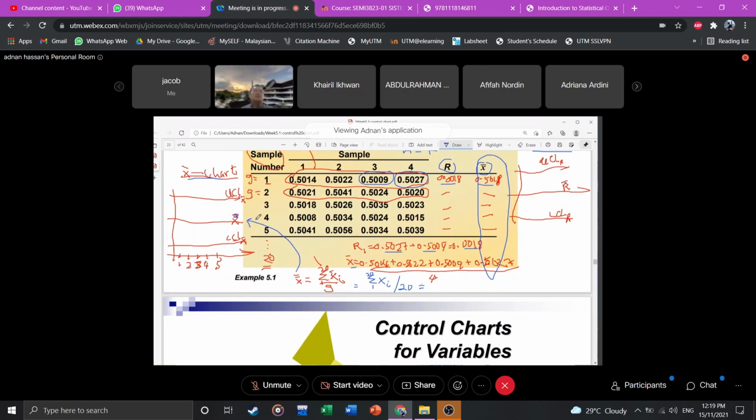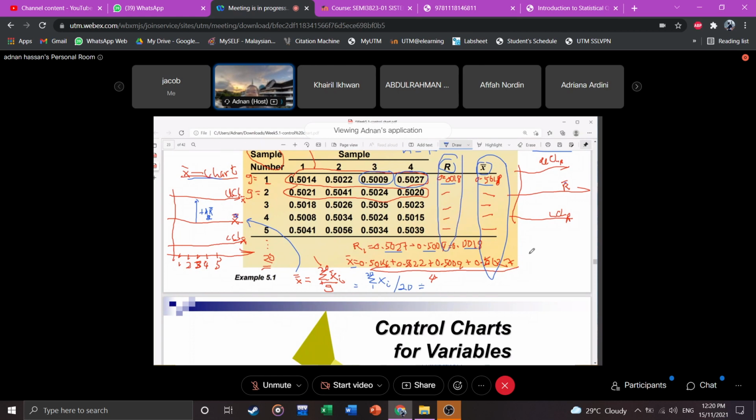So to get the upper control limit is not difficult now. You know that, just add A2 R bar. So how do you get R bar? R bar is coming from here, all the 20 values.